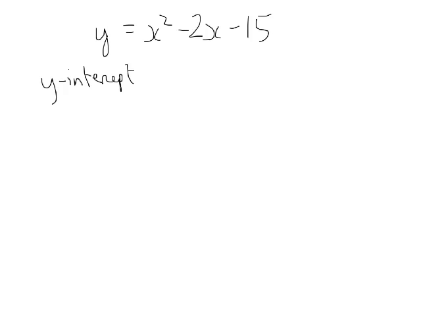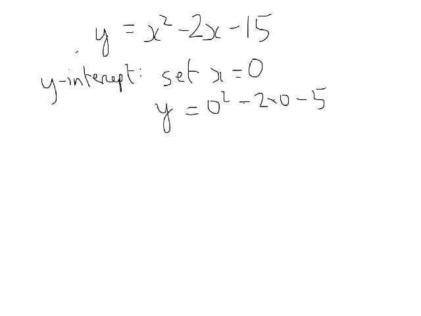So I need to set x equal to 0, because that's when we have the y-intercept. So y becomes 0 squared minus 2 times 0 minus 15, which means y is negative 15.